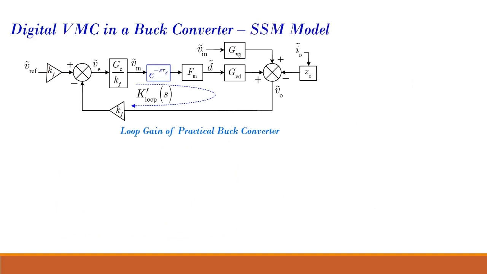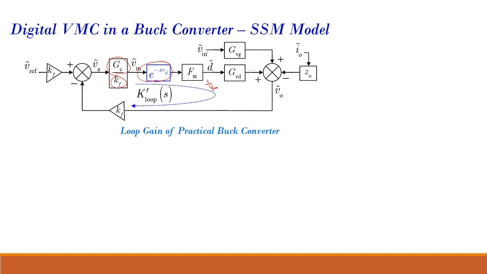This is how the controller is shown. This is the loop diagram. This is your controller GC. This is your sensing gain KF. This is your delay, time delay. This is your modulating gain, which is 1 upon Vm. This is your GVD, that is your duty ratio to output voltage perturbation.